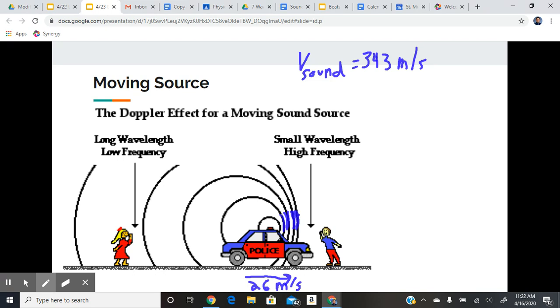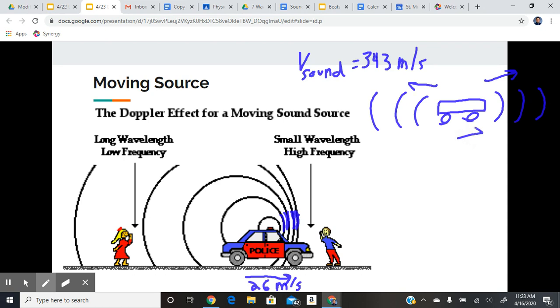Unlike something stationary, if you just had a car sitting here stationary, this is my car, I know it's a very poor drawing, if you had a stationary object honking its horn, all of the sound waves would be traveling at 343 meters per second in both directions, and they would be evenly spaced apart.